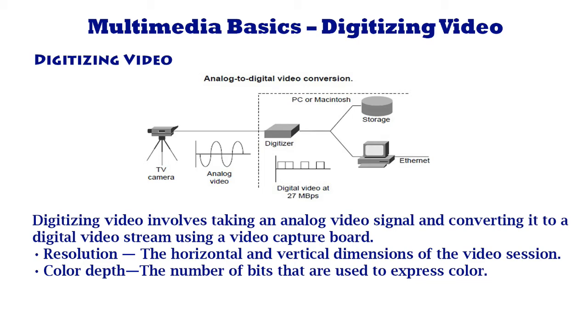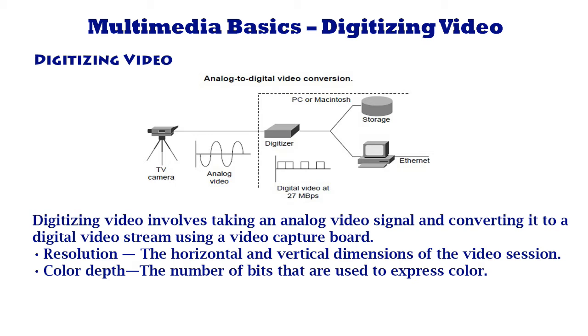Second, color depth. The number of bits that are used to express color. At the high end is 24-bit color, which is capable of displaying 16.7 million colors and is the aggregate of 8 bits of red, 8 bits of green and 8 bits of blue.